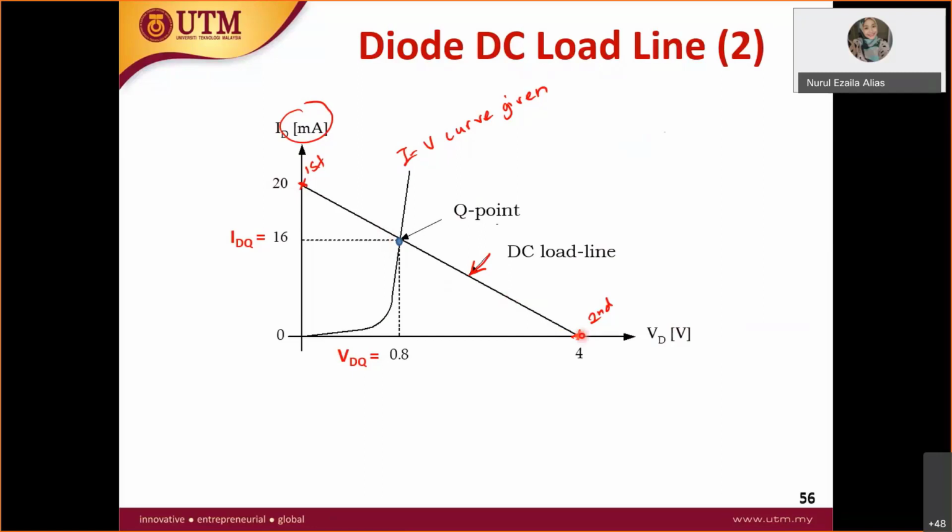The intersection of this IV curve and your load line gives you the Q point. Therefore, from this Q point you can extract your VDQ and IDQ.